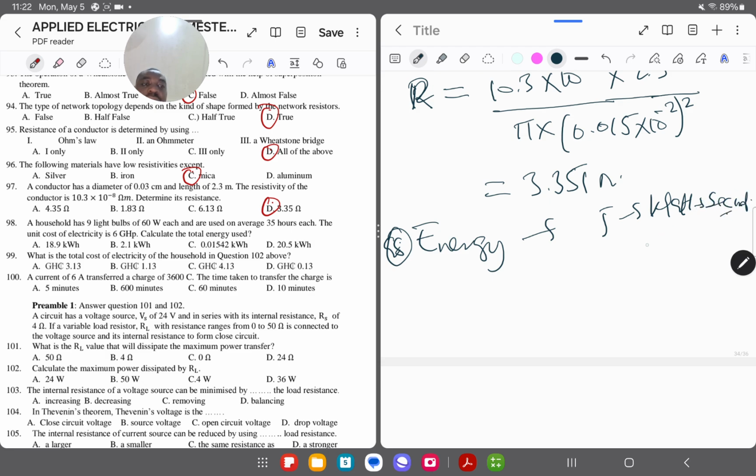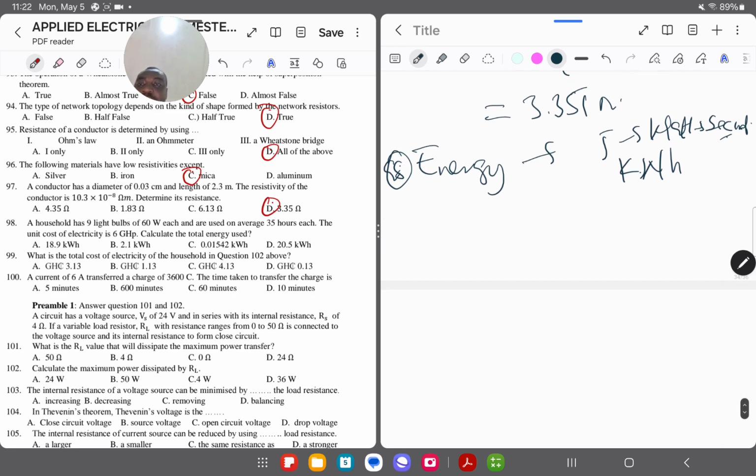Now instead of seconds here, we use watt hours, and then we express the energy in terms of kilo, because they tend to be a very large value. So now let's get the energy.